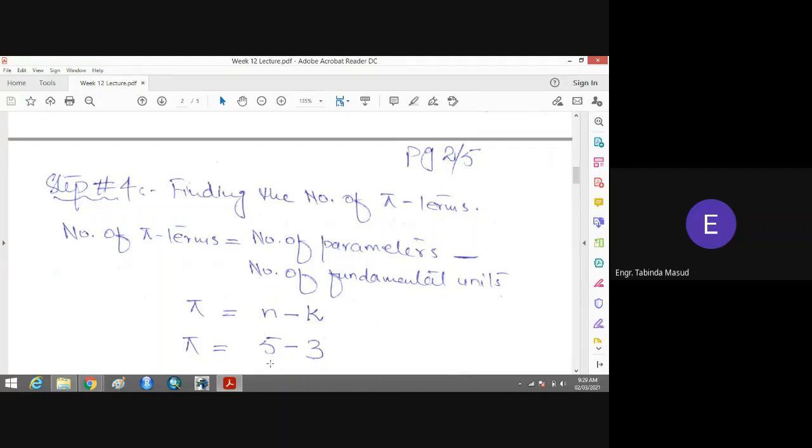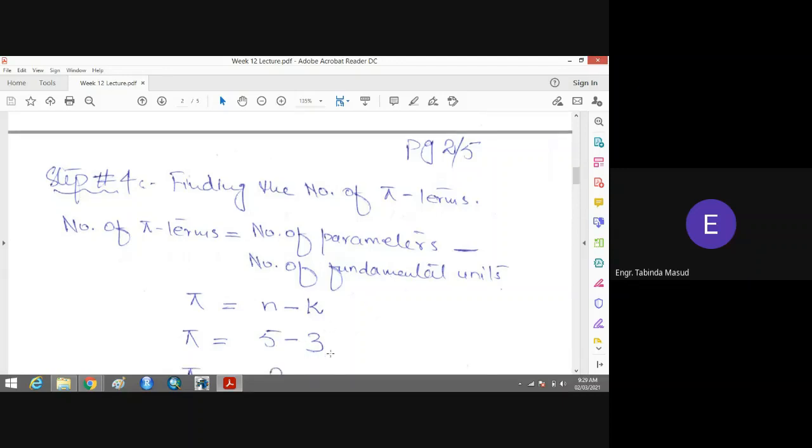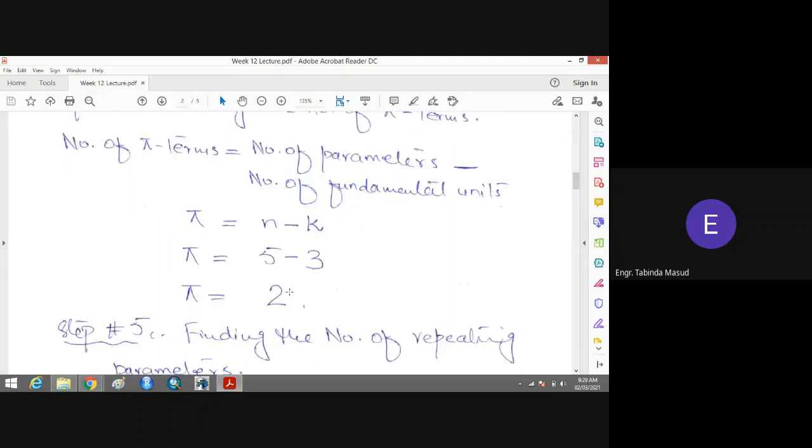Drag force, velocity, dia, density, and viscosity. We have 5 parameters, and how many fundamental units do we have for this particular problem? We have 3 fundamental units. So 5 minus 3 is equal to 2. It means that we will make 2 pi groups for this particular problem.